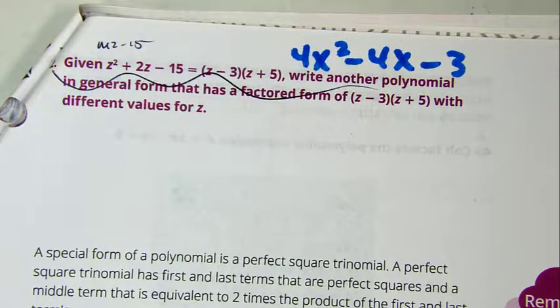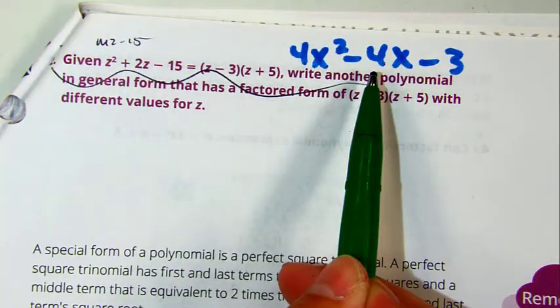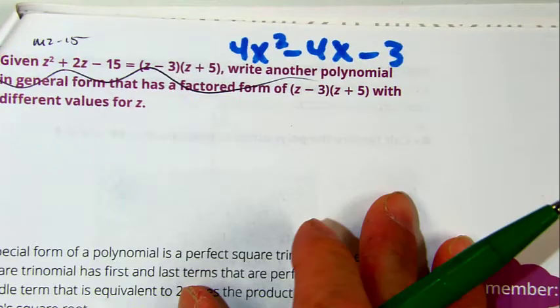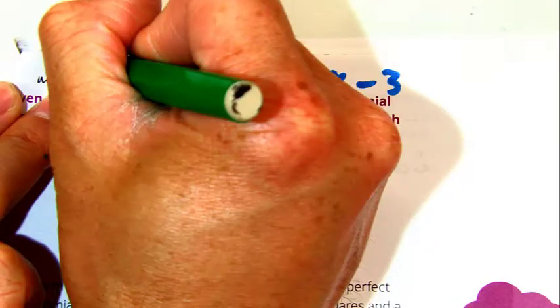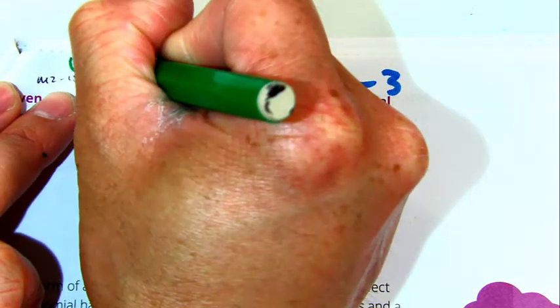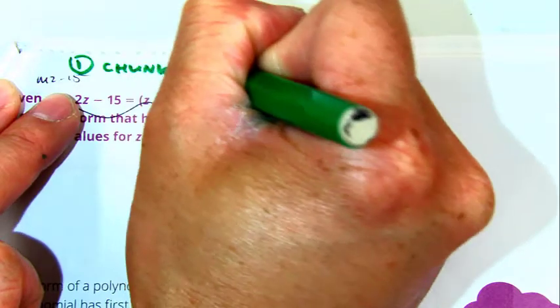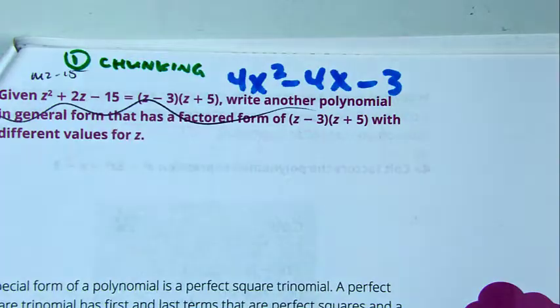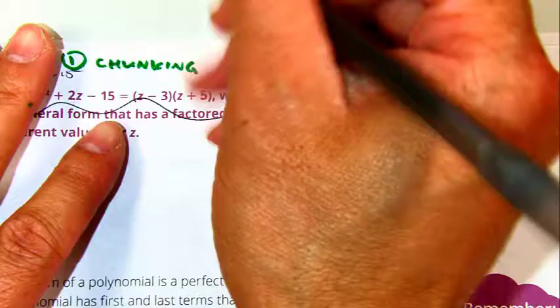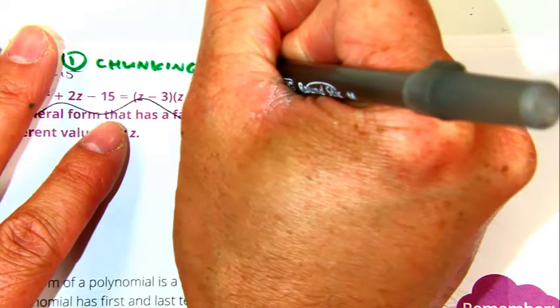Alright, so I have 4x squared minus 4x minus 3. And today I want to teach you guys a concept called chunking. Sounds like trick-or-treating. Chunking. What is chunking? Chunking is a substitution.